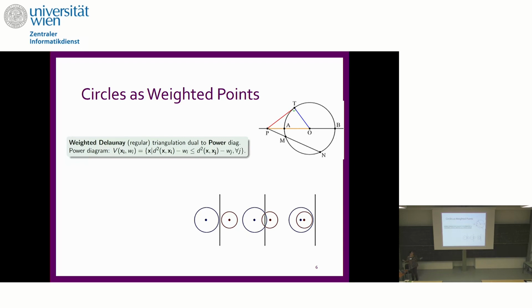They can be perfectly disjoint, and you will still have a position for this bisector that would be linked to the difference between the two weights, if you want. And here, by the weights, I mean the square of the radii. In general, it doesn't need to be positive, but if you want to illustrate it here, these are positive.